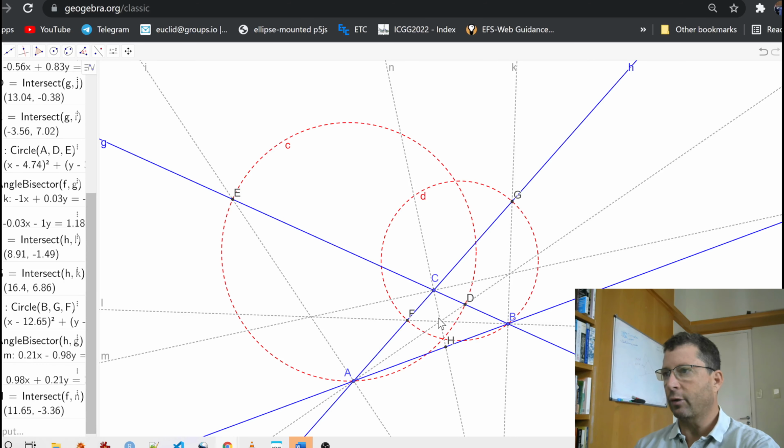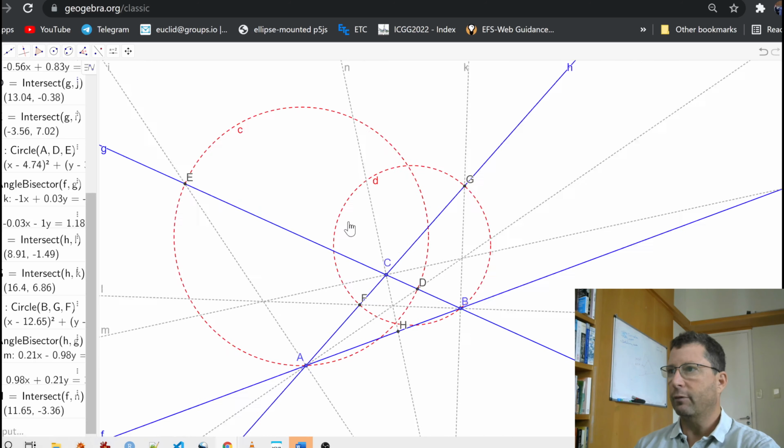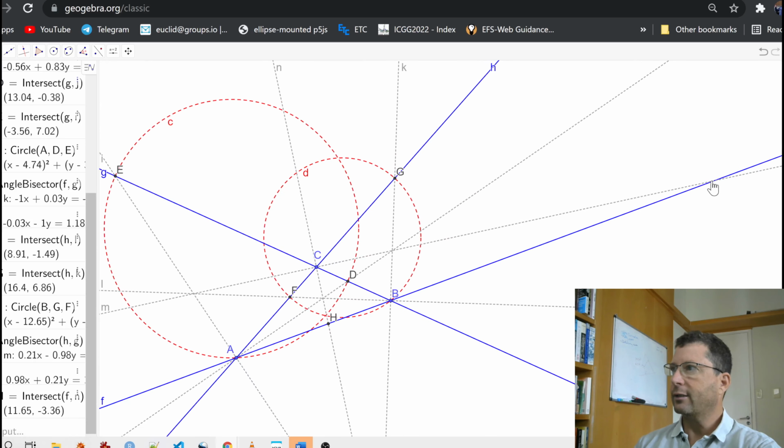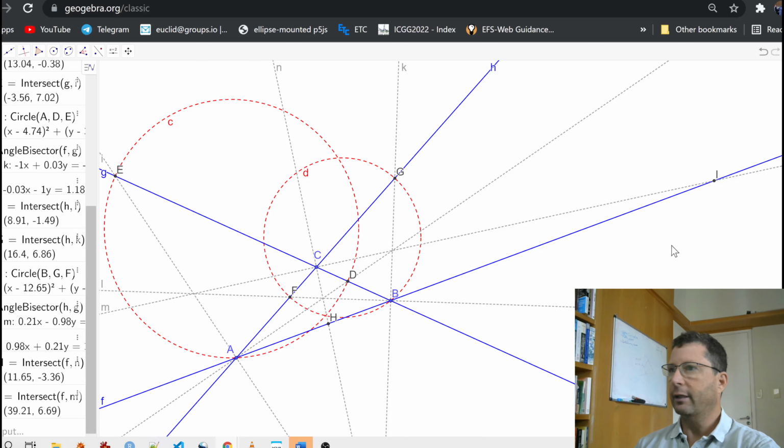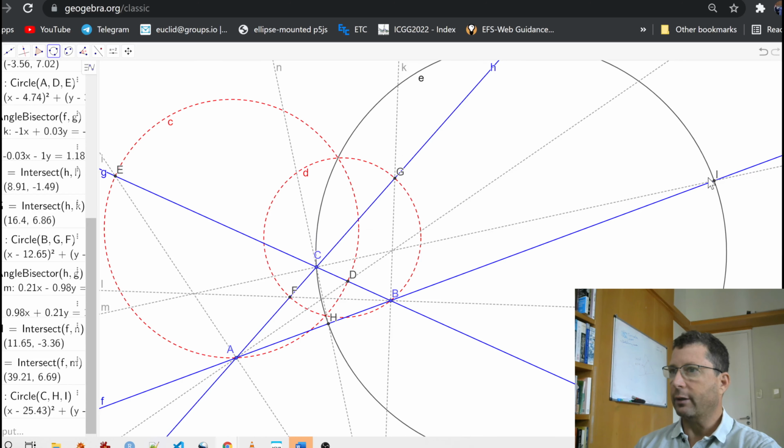It's the internal bisector from vertex C with the opposing AB side. And now I need the external bisector of C with the extension of AB. And that's happening way to the left. So let's move our picture a little bit here. And that's the intersection right there. So let's mark it off over here. And now I'm ready to draw the third Apollonius circle passing through vertices C, then this intersection H, and this outer point here, I.